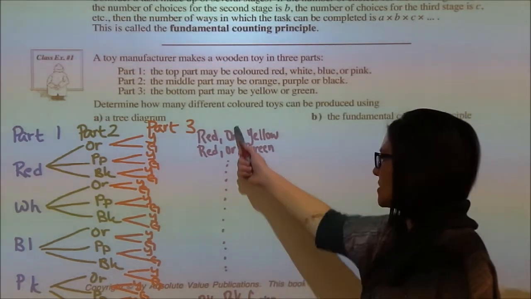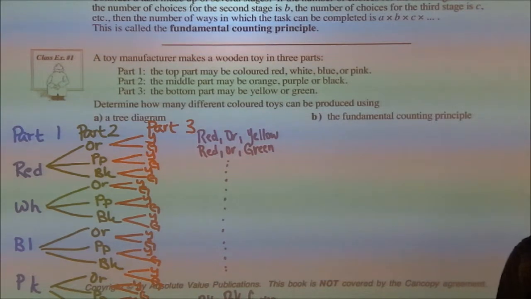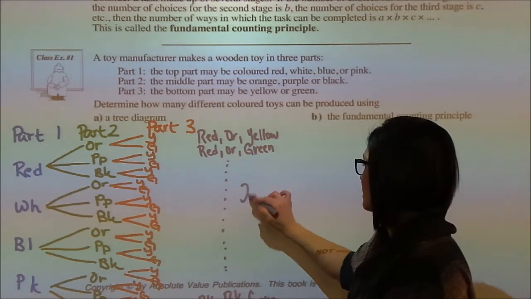So how many toys would I have in this list? 24.